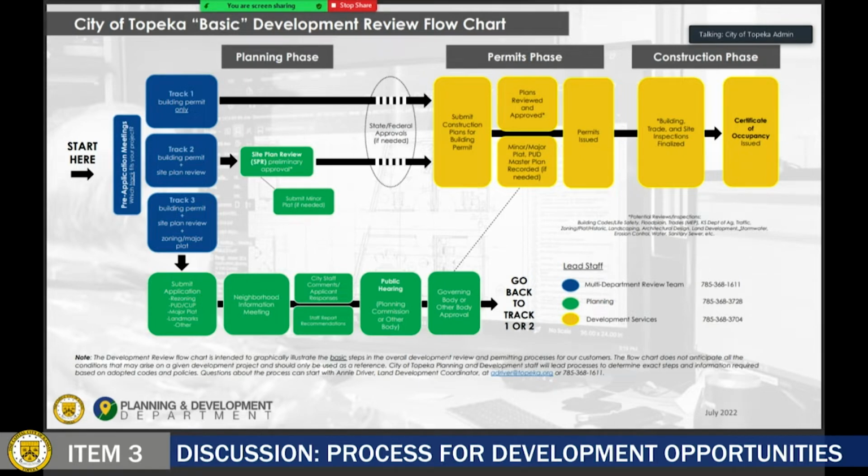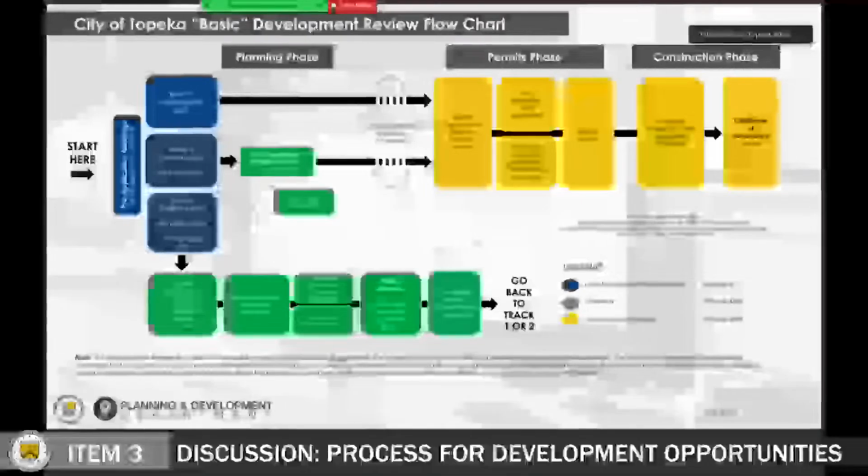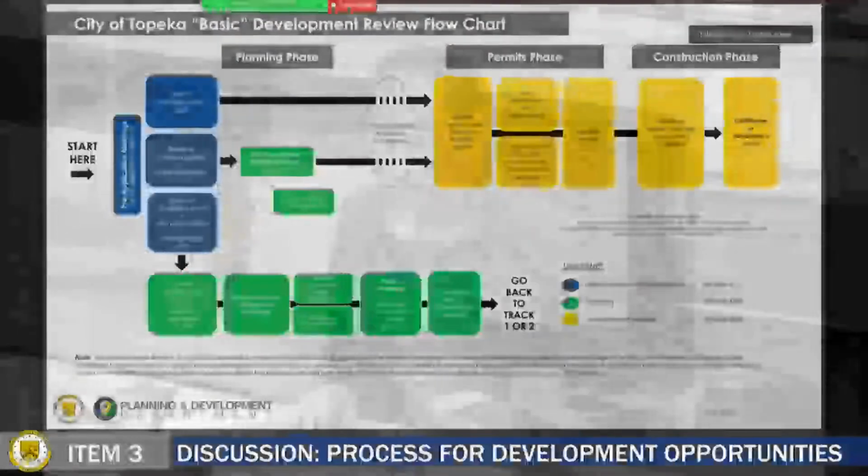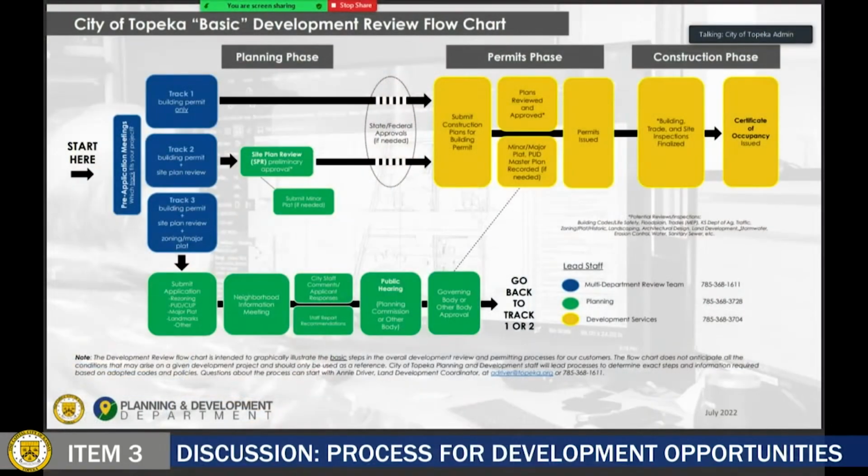So we want to say, does it fit in track 1, which is, hey, this doesn't need any preliminary review or any further information. It can go straight to building permit, and you can submit today. And those are normally going to be less substantial, minor type projects. But if you're building a new building or making a major addition, then you're probably going to fit into track 2, which is that building permit plus a site plan review.